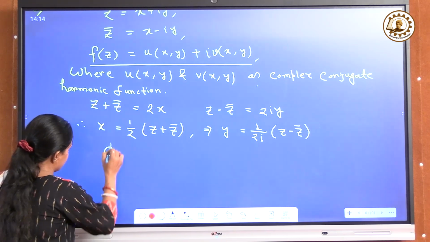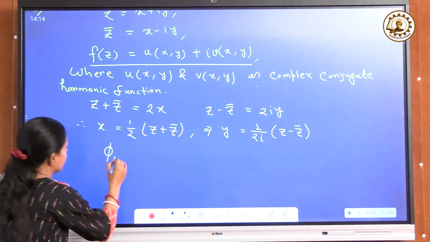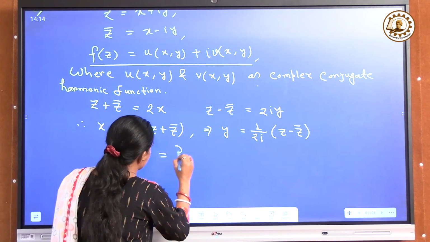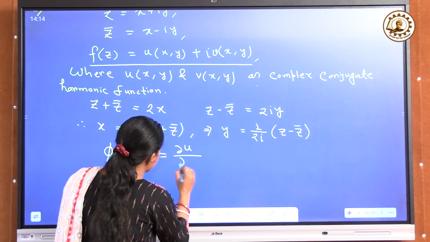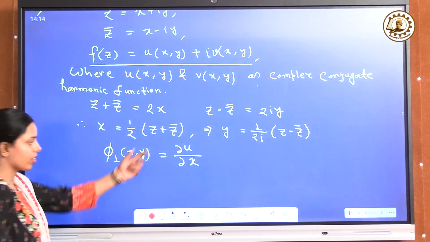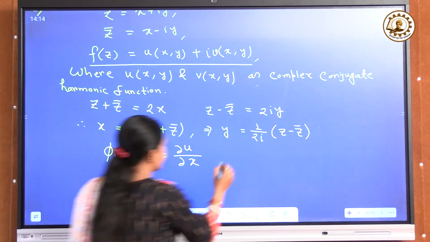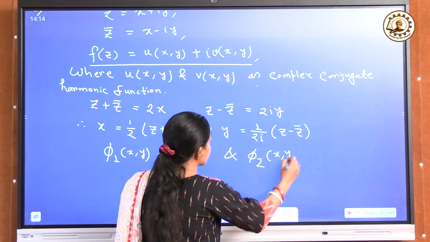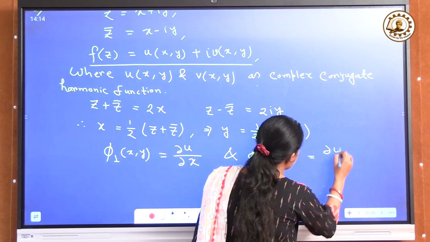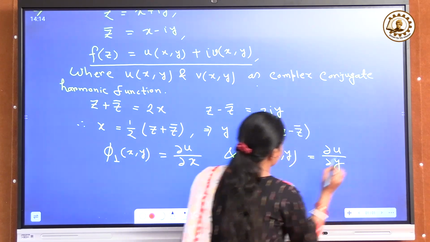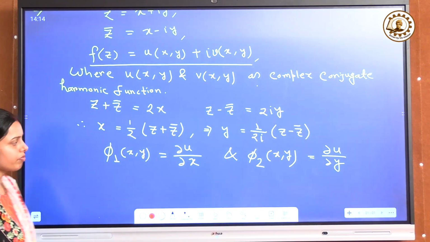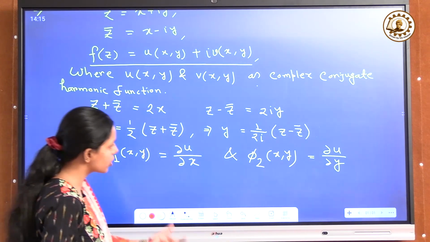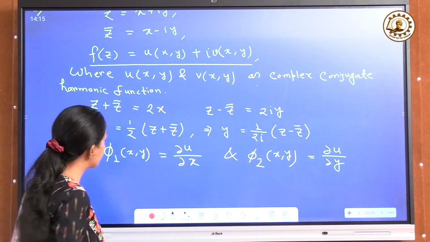We introduce phi functions: phi 1 of x, y equals the partial derivative of u with respect to x, and phi 2 is the partial derivative of u with respect to y. That is, del u del x is phi 1(x,y), and del u del y is phi 2(x,y). Clear?